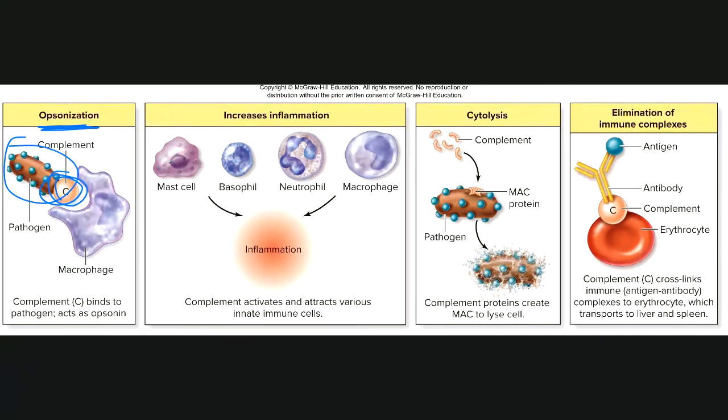And the last thing the complement system helps out with, and this is pretty important, is that it helps eliminate antibody-antigen complexes. So far, we've only talked about antibody and antigen with blood typing. But I want you to know that an antigen can be anything that's foreign to our body. Antibodies are designed against specific antigens.